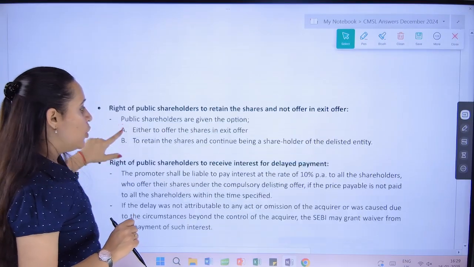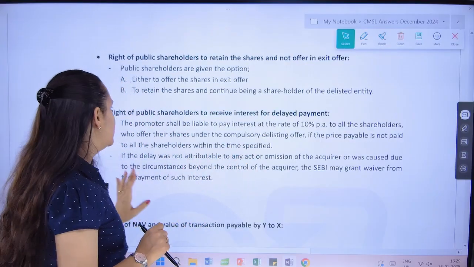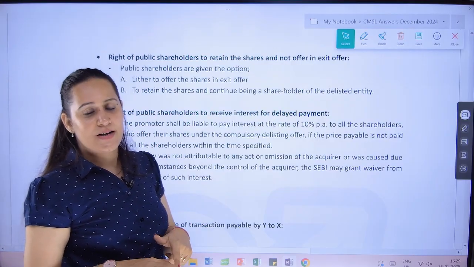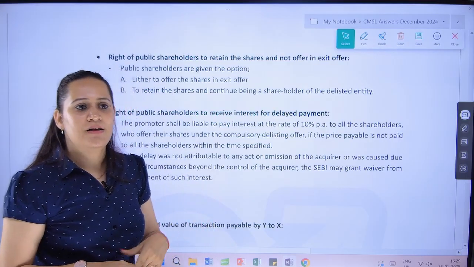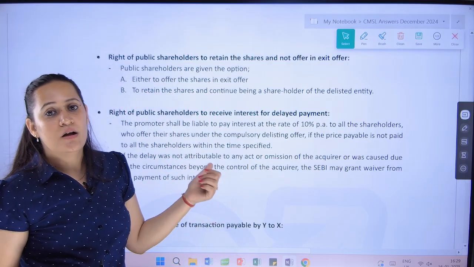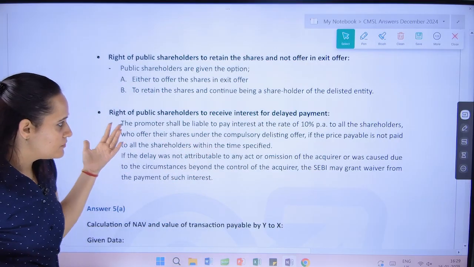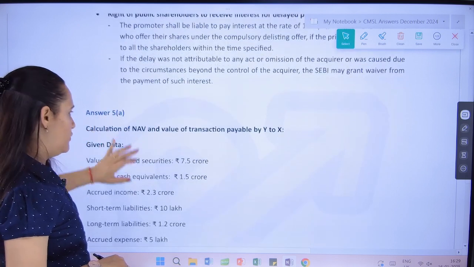They have a right to choice, that they can retain the shares and not offer the shares in the exit offer, and they have a right to receive an interest for delayed payment. If the payment for the shares is not made within the timeline, for extended delayed days, they are entitled to receive the interest at 12%, 10% per annum. So these are the rights of shareholders.